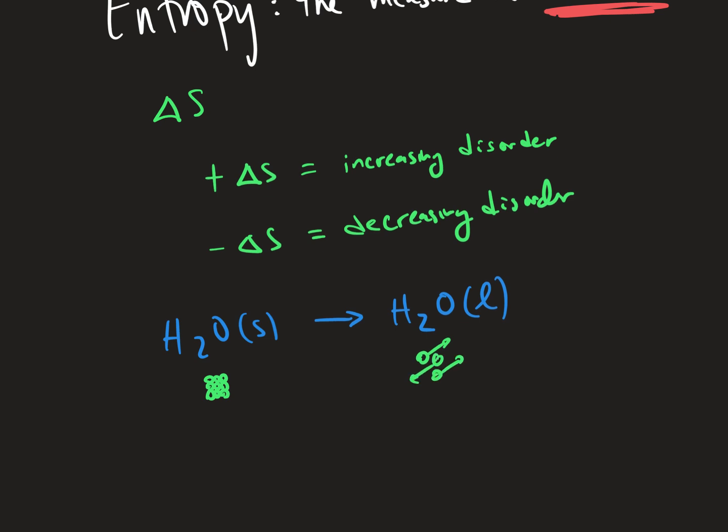Which one is more disordered? Liquid is more disordered. So this is a positive delta S or negative delta S? Positive delta S. Are we good? So it goes toward more disorder. And if we flip-flop this around, it goes toward less disorder or more order. Good?